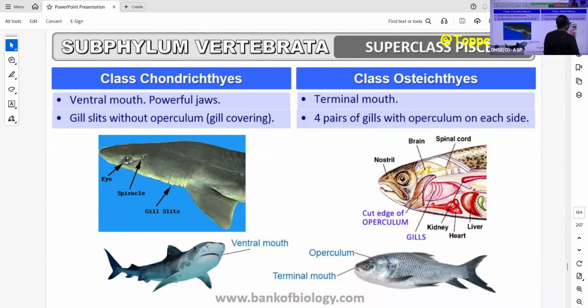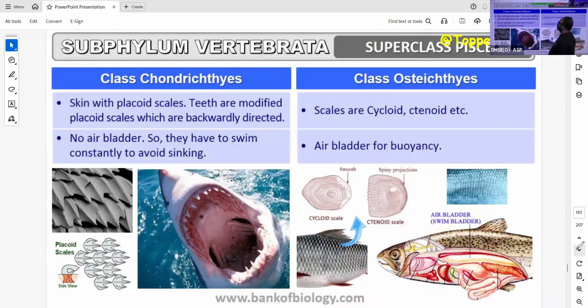Then इनकी अगर आप further classify करते हैं, if you classify them further, you'll have class Chondrichthyes, with certain special characteristics.